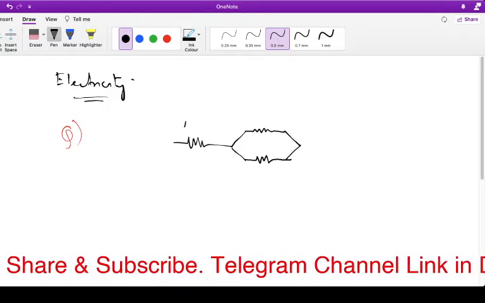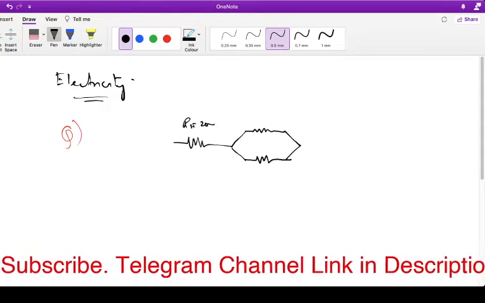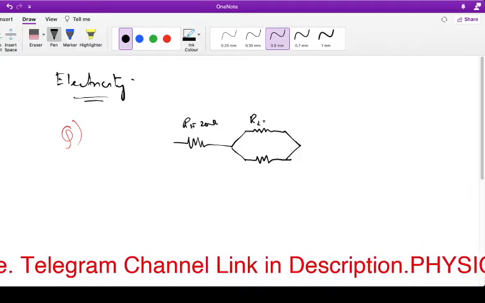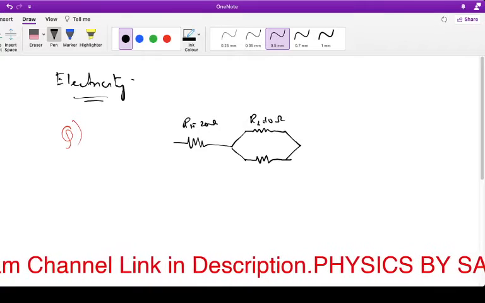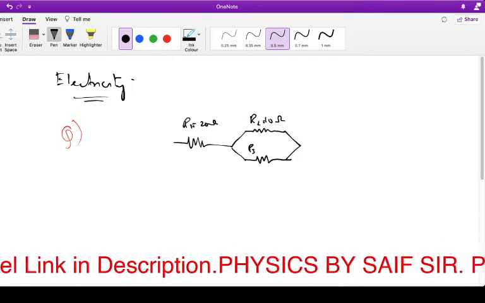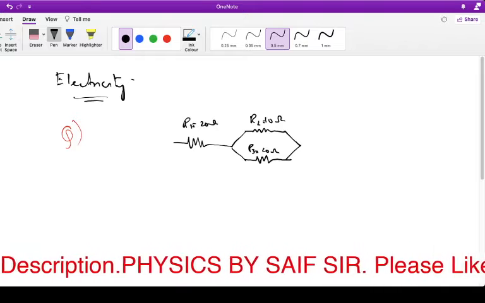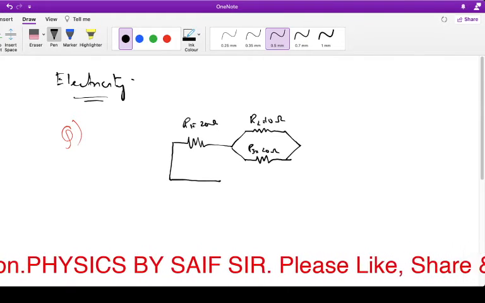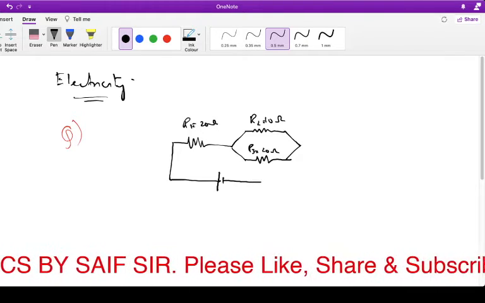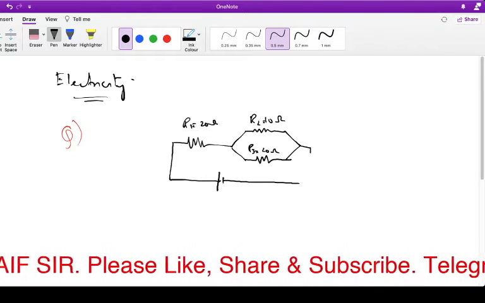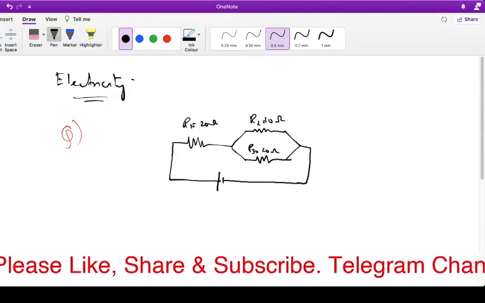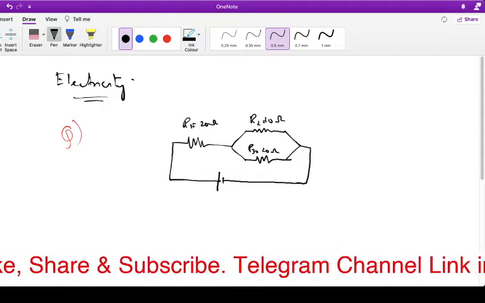We can name this R1 equal to 20 ohm, this one R2 equal to 10 ohm, and this one R3 equal to 20 ohm. This is the cell, and if you want you can add a switch here.